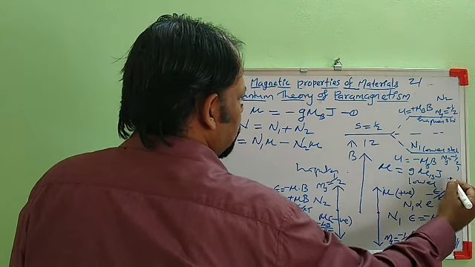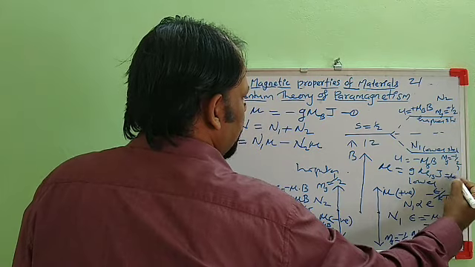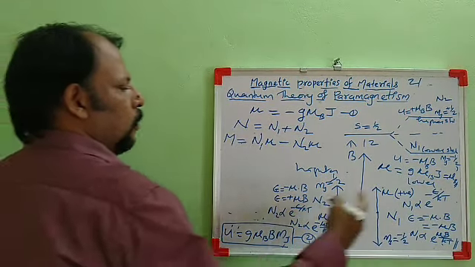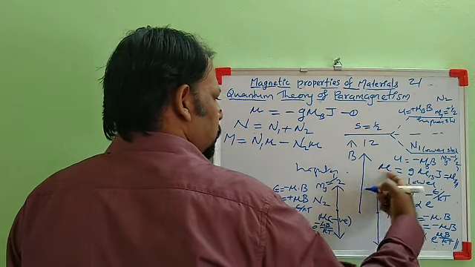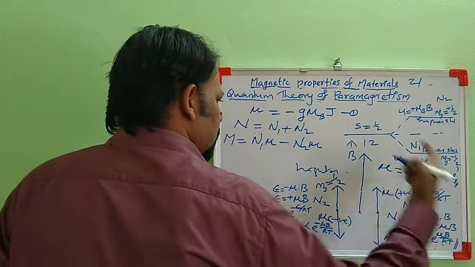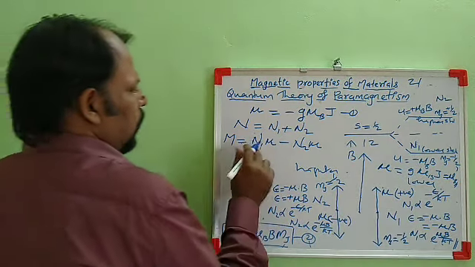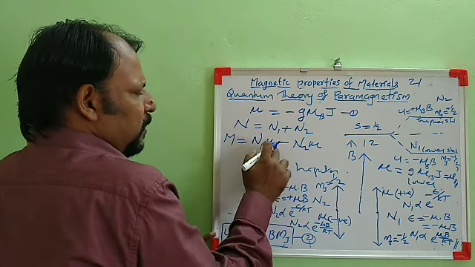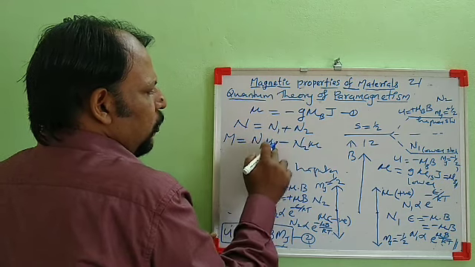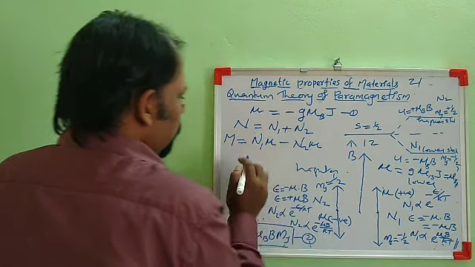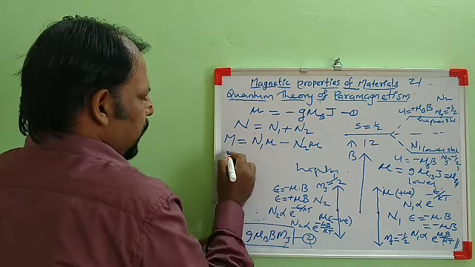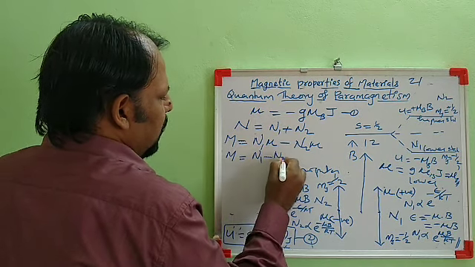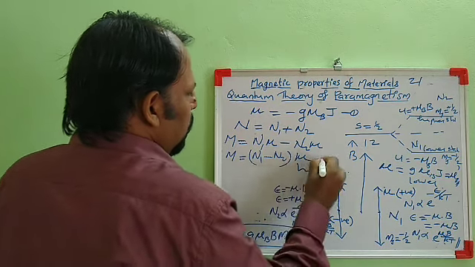That means mu equal to mu B, the Bohr magneton. So the magnetization M equals N1 minus N2, into mu.